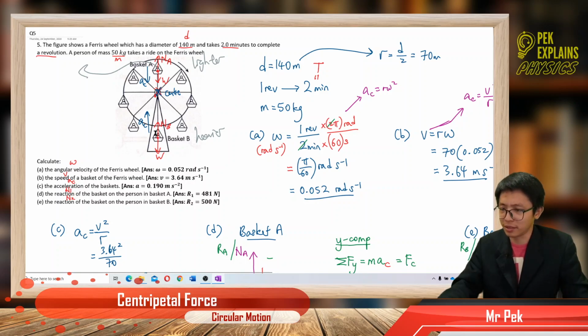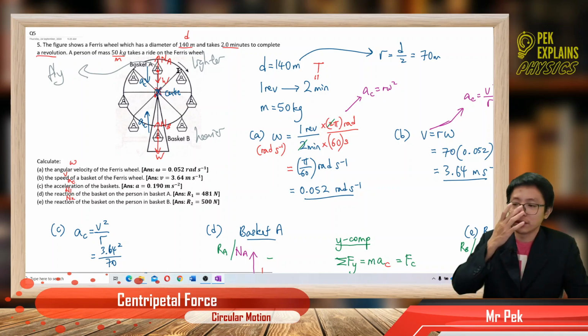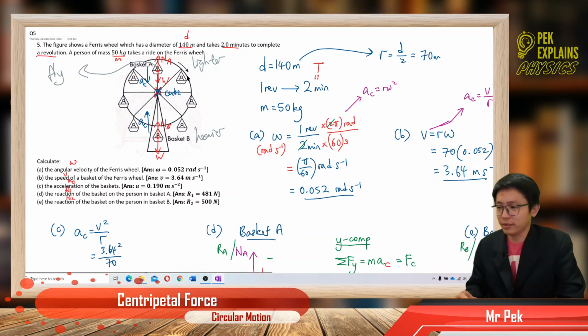If the Ferris wheel is spinning too fast, you lose contact from the seat very easily at the top and fly away. When you fly away, that means the normal force is 0.